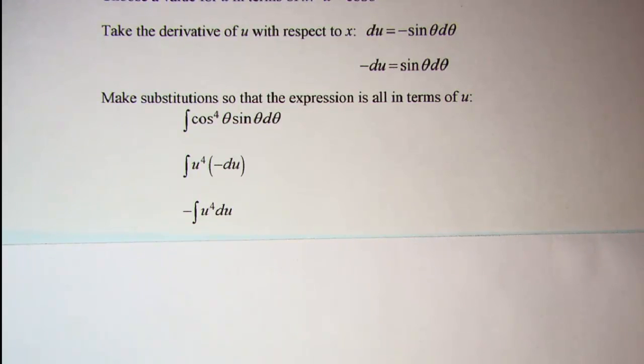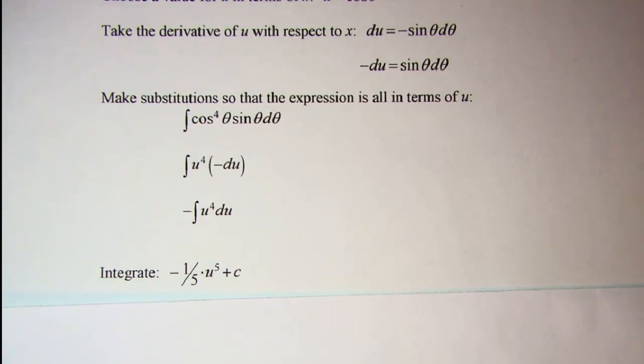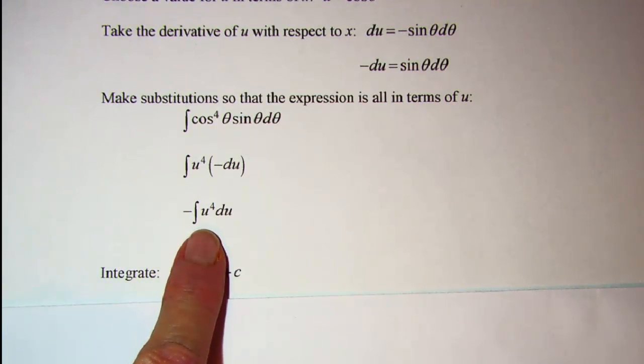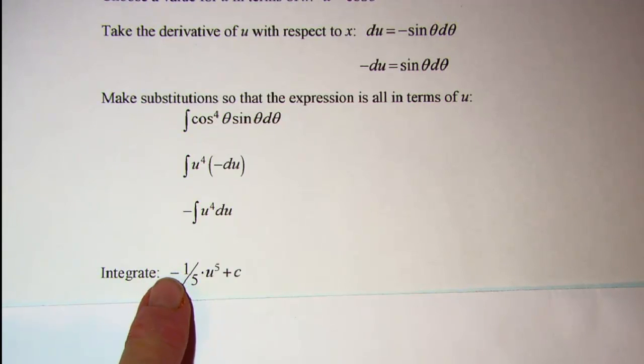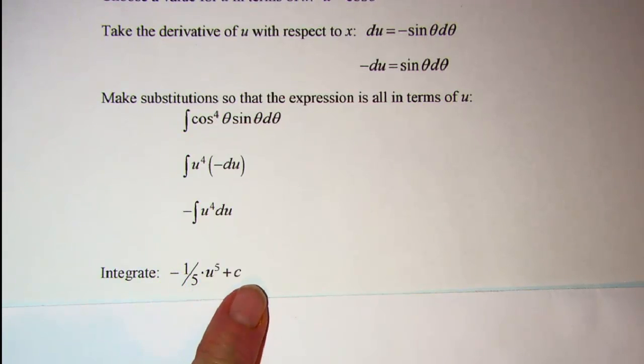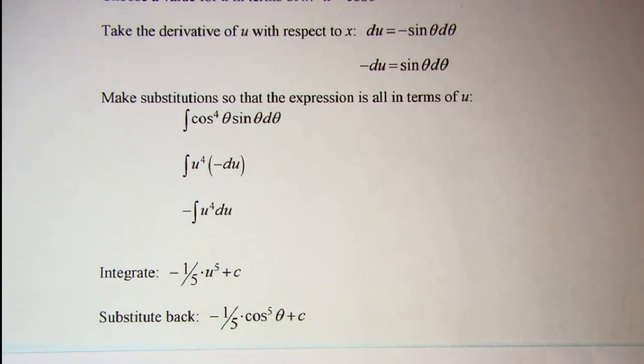So I'm integrating just u to the 4th power. And when I integrate that, I have u to the 5th power divided by 5, which is the same as multiplying by 1/5. The negative is still out in front here. And then I have plus a constant. So then we're just ready to sub back in, and we have a -1/5, and then cosine to the 5th theta plus my constant.